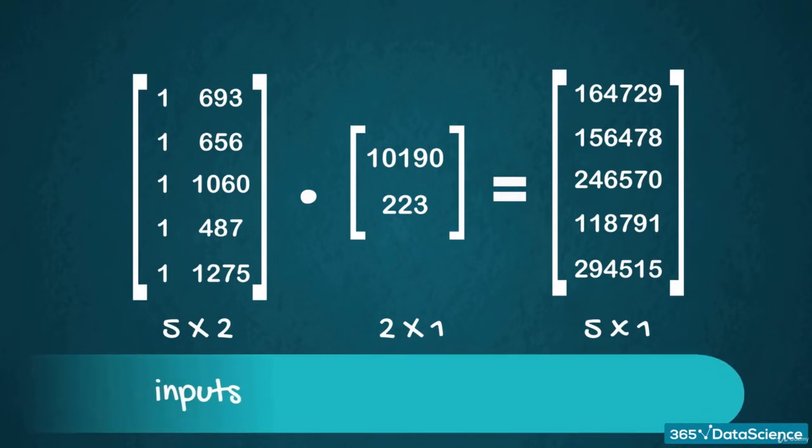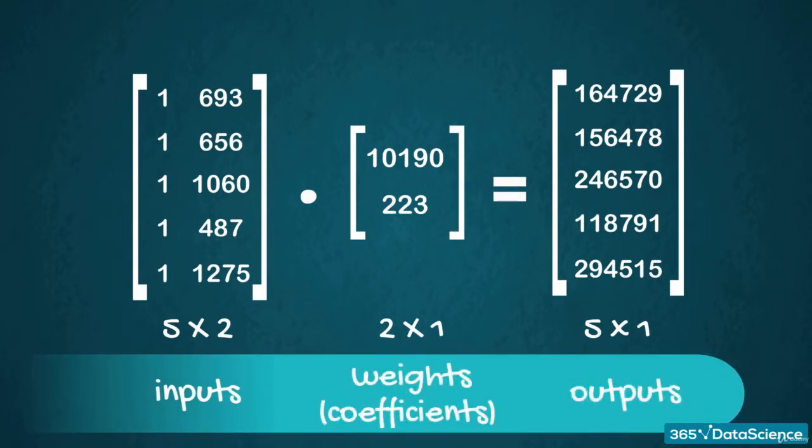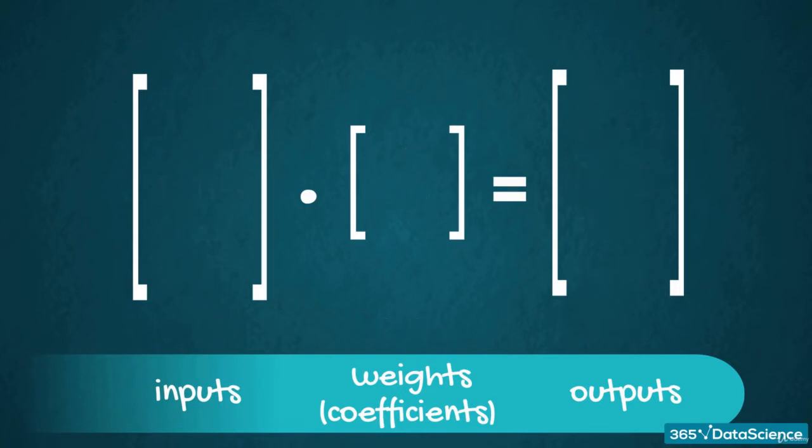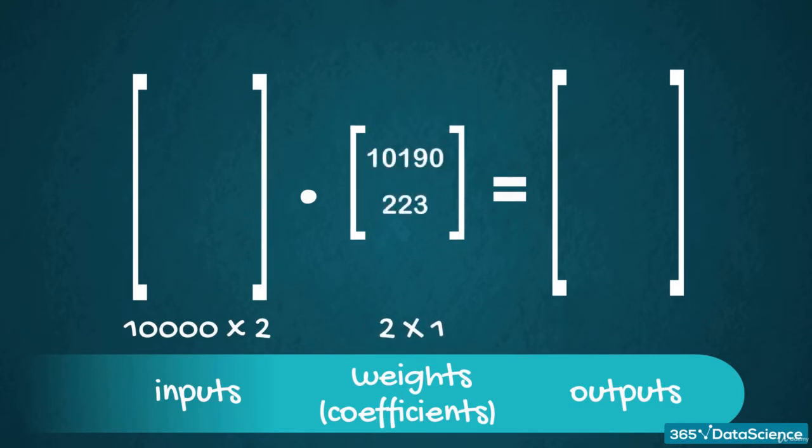We've got an inputs matrix, a weights or a coefficients matrix, and an output matrix. Without diving too deep into the mechanics of it here, let's note something. If we have 10,000 inputs, the initial matrix would be 10,000 by 2, right? The weights matrix would still be 2 by 1. When we multiply them, the resulting output matrix would be 10,000 by 1.